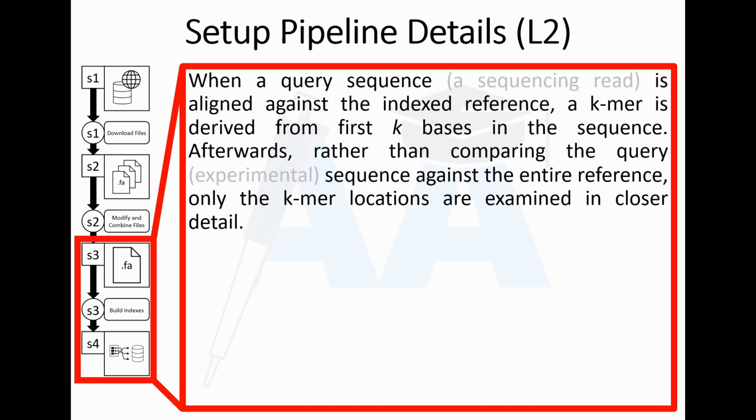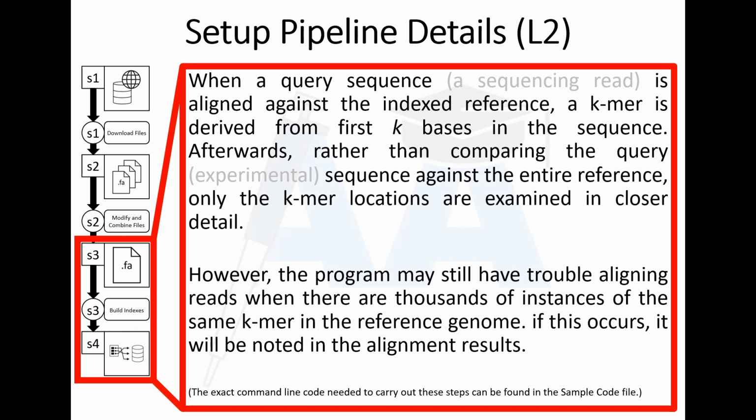When a read is aligned against an indexed reference, a k-mer is derived from the first k bases in the sequence. Afterwards, rather than comparing the query sequence against the entire reference, only the k-mer locations are examined in closer detail. The program may still have trouble aligning reads when there are thousands of instances of the same k-mer in the reference genome.